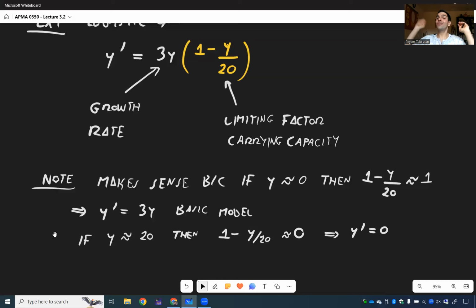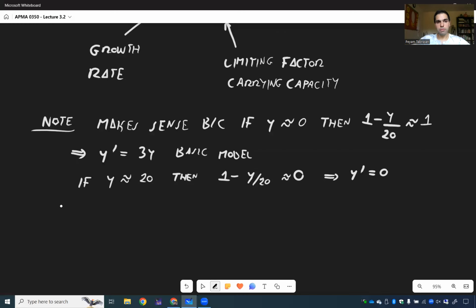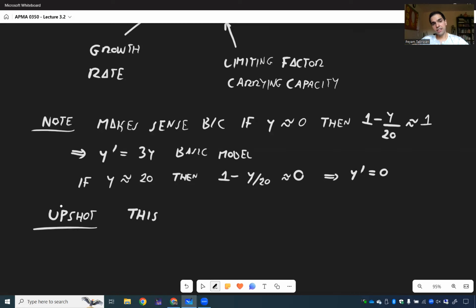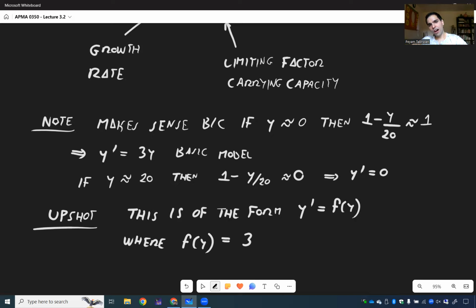But that is not why we're here today. What we're here for is to study this as an autonomous equation, based on the facts that I mentioned in the previous video. Notice that this is in fact of the form y prime equals f of y, where f of y is 3y times 1 minus y over 20.